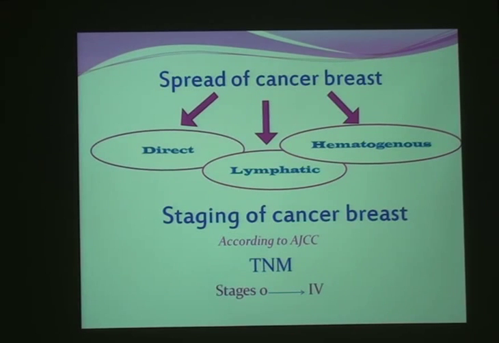For breast cancer, we have many ways of staging. The most prominent is TNM, so we can eventually reach a stage where we can say that stage 1 or 2 could be resected, operable, and stages 3 and 4 are non-operable. It doesn't mean there is no hope. We shall wait and see for that.